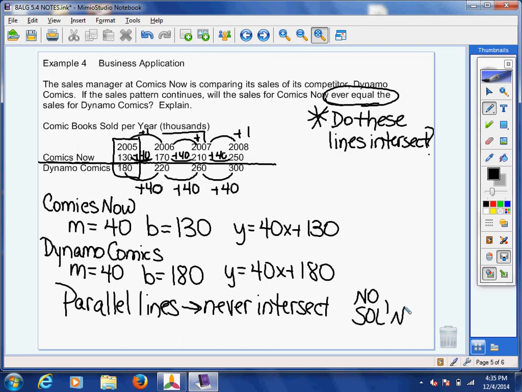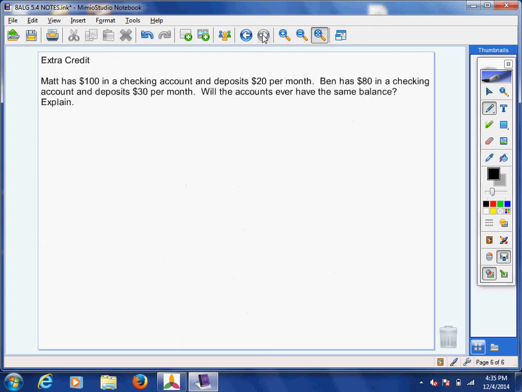On the next page, I gave you another extra credit opportunity. Now there's no table, but there's enough information about Matt's checking account and Ben's checking account, and you need to write the equations. Then will the accounts ever have the same balance?